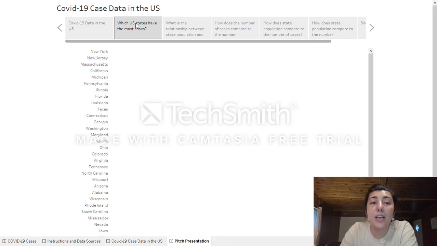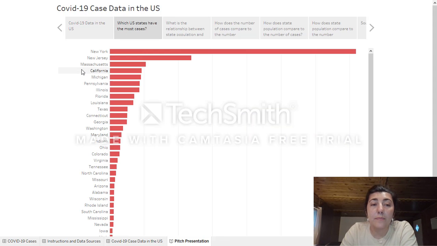I posed several questions related to the topic. The first question that I thought of whenever I looked at the topic COVID-19 case data in the US is, which states have the most cases? And so I created a bar chart, and you can see that I have the states over here and then their cases.